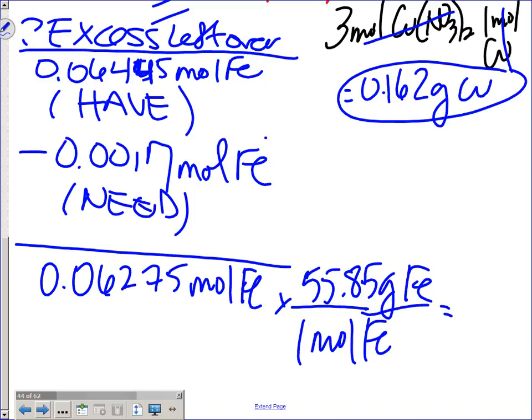And that is 3.5 grams. Sorry, dyslexia sets in sometimes. Sometimes I say things opposite. And that's grams of iron.